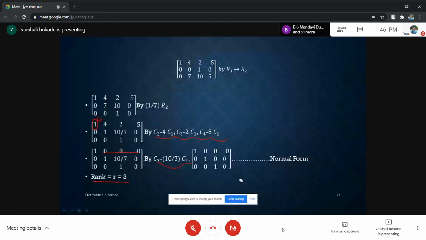After having echelon form, just use column transformation properly. For R1, use C1. For R2 elements, use C2 for getting normal form. Some of you may get it, some may not, so please take a screenshot of this so you can look at this example after the lecture is over.